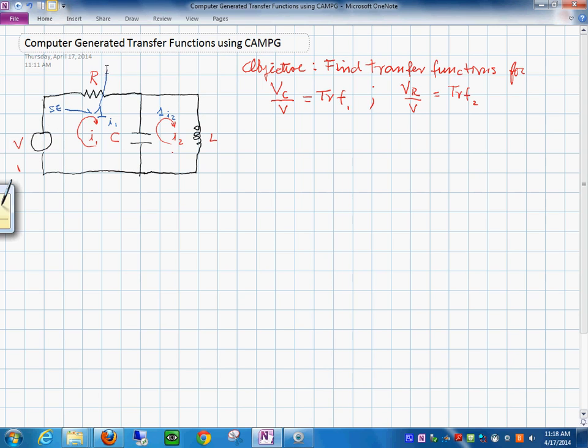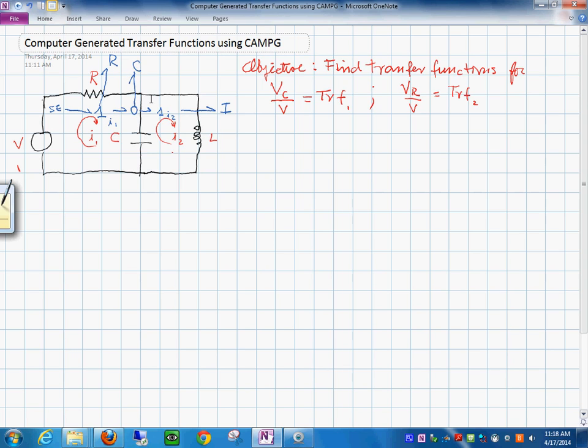Attached to this, we have the R element over here. And attached to this, you have the I element, which is this one over here. And in between these two, you have the C. So you see we have been able to draw the bond graph right on the circuit itself.